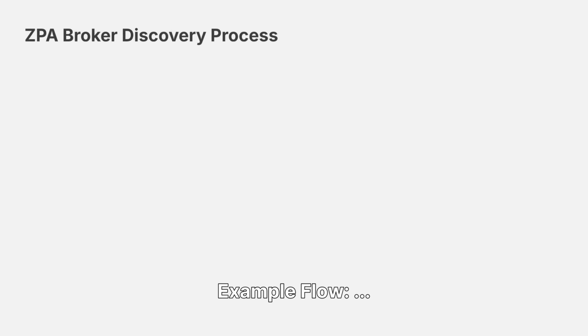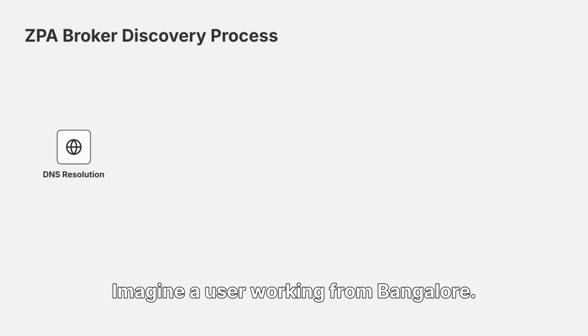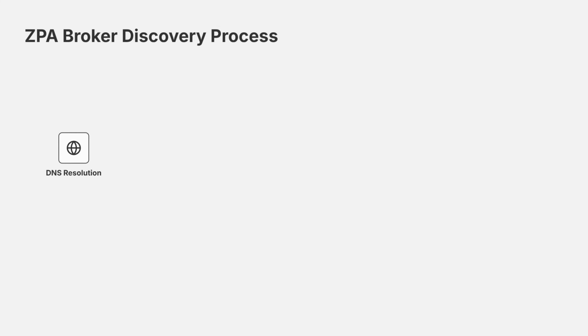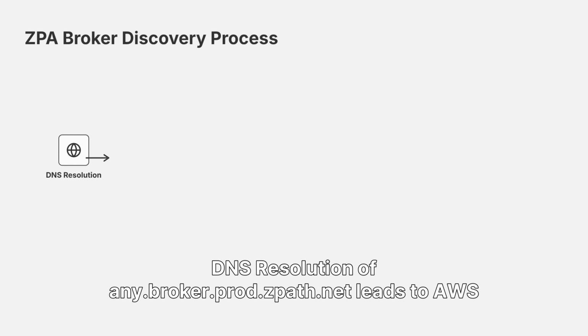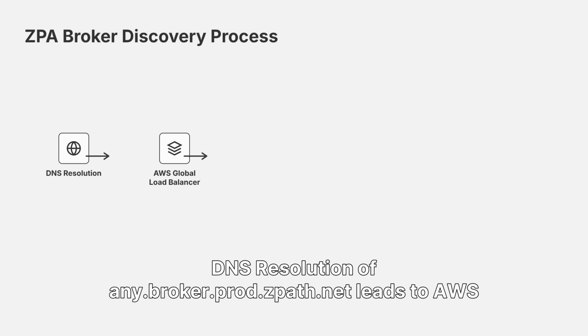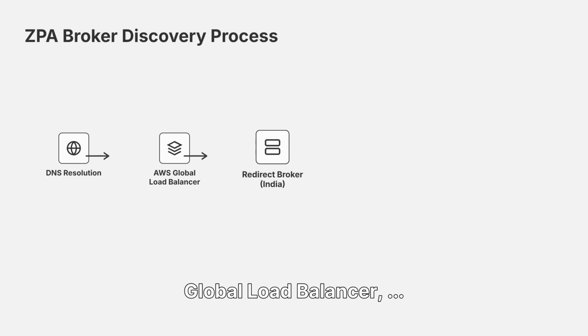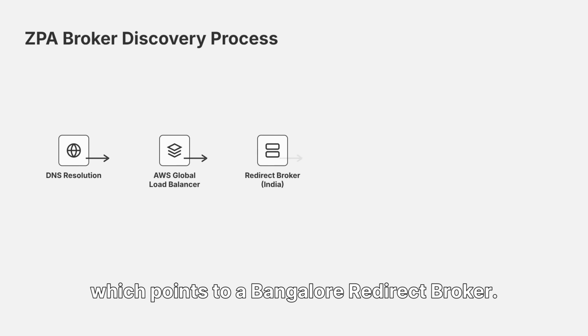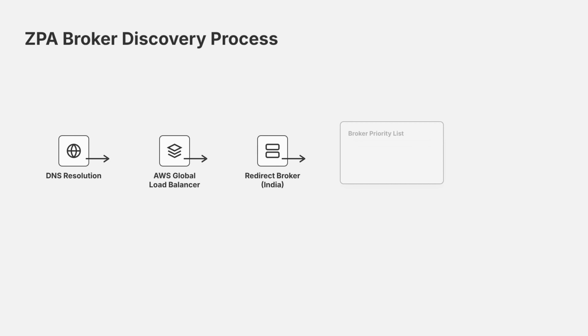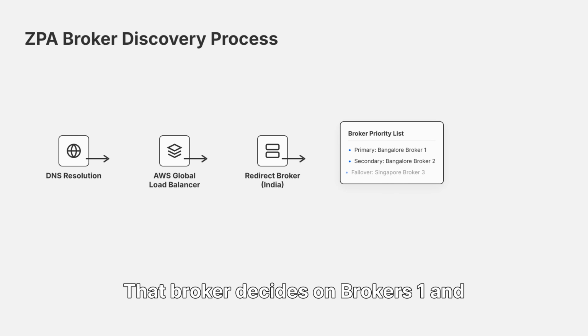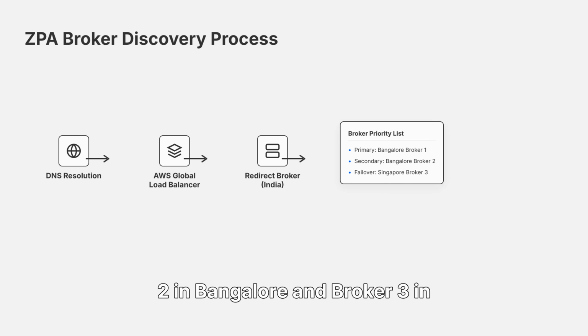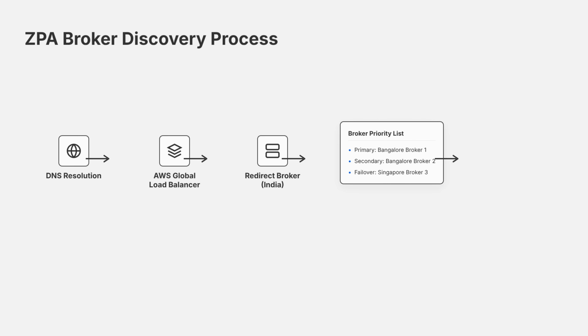Example flow. Imagine a user working from Bangalore. DNS resolution of any.broker.prod.zpath.net leads to the AWS Global Load Balancer, which points to a Bangalore redirect broker. That broker decides on brokers 1 and 2 in Bangalore and broker 3 in Singapore.